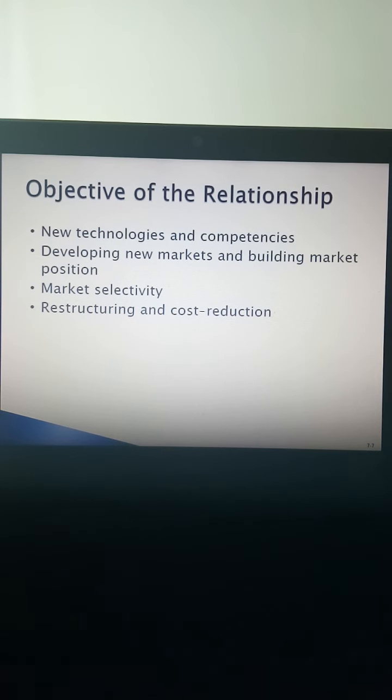The next possible objective of strategic relationship could be market selectivity. In this factor, you have to decide whether to apply market selectivity strategies or market domination strategies.